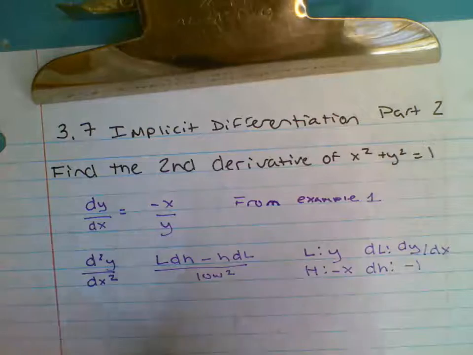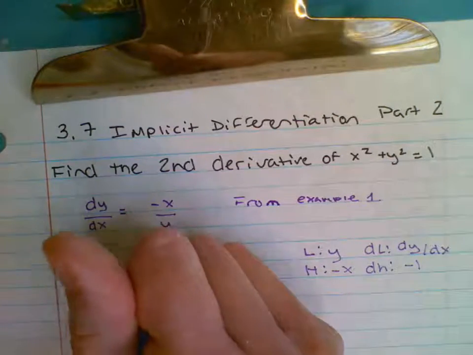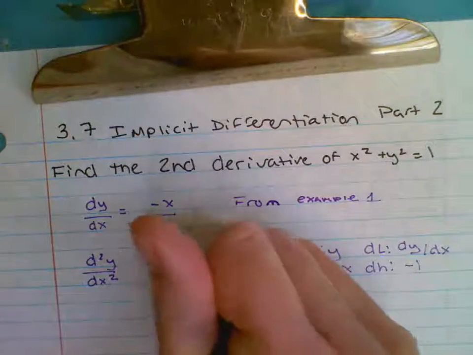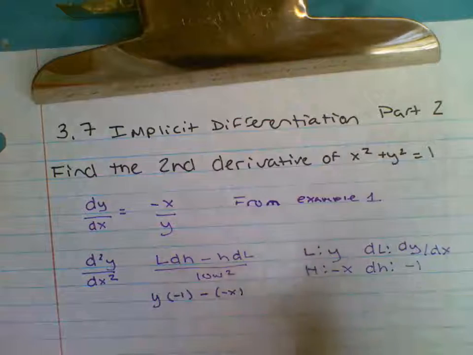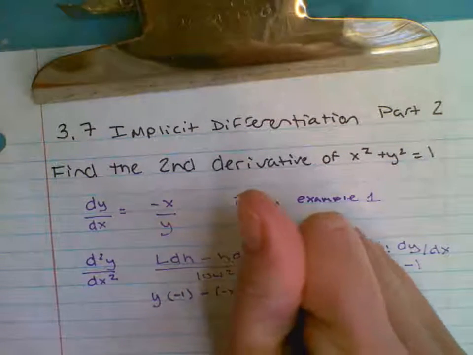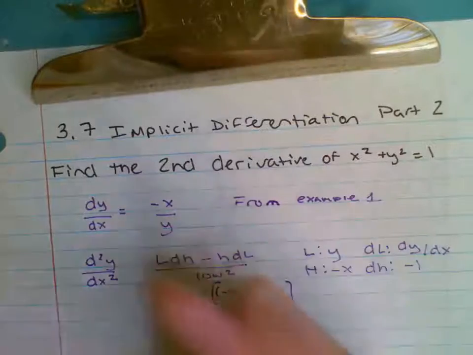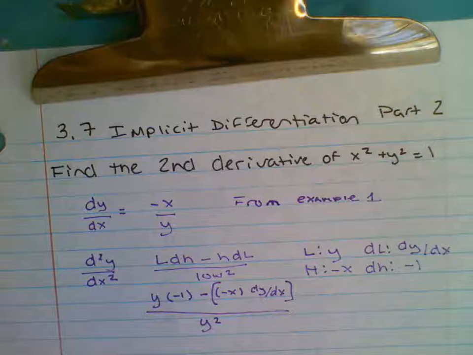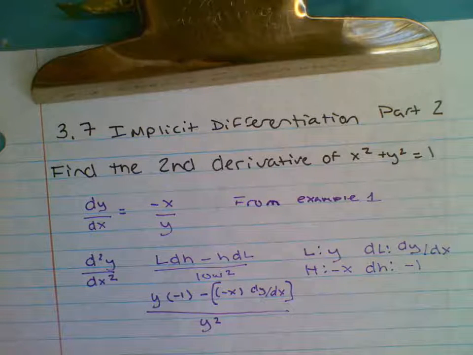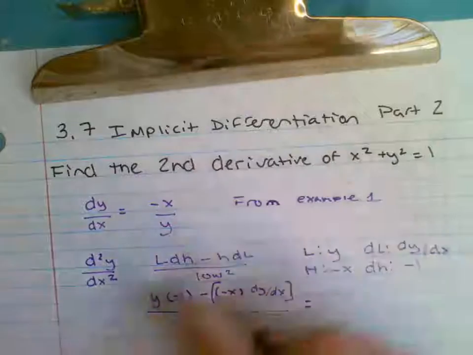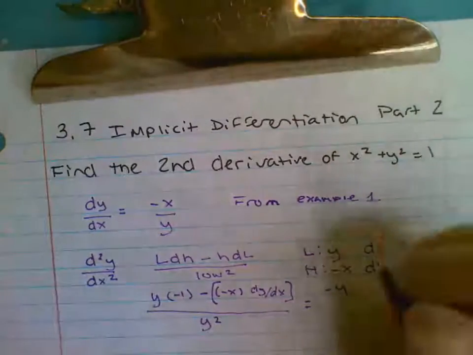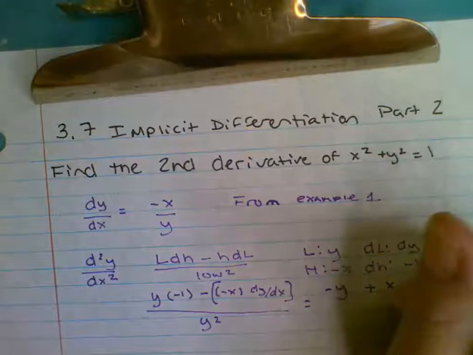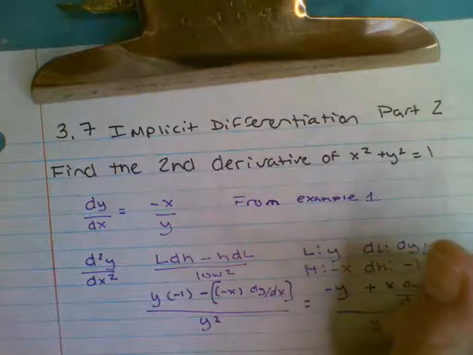So we're going to do low d high minus high d low, draw the line and square the low. All right, so let's clean this up a little bit so it looks a little bit nicer. It's going to give me negative y, positive x dy dx, all divided by y squared.